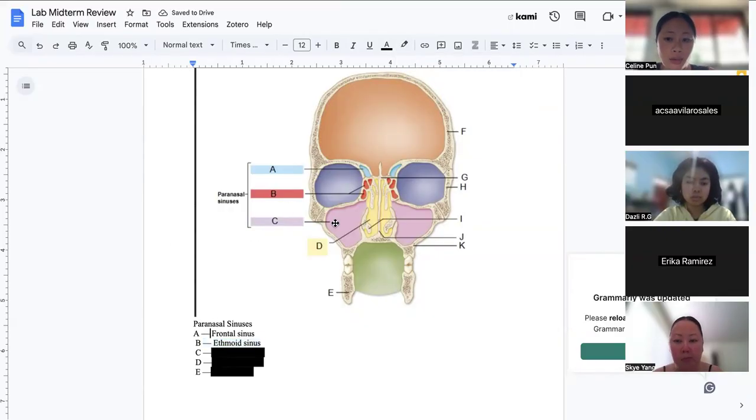And then C, what are the ones on your cheeks called? Another hint is the bone here is, yeah, it's called the maxilla. And so that sinus on your cheeks is called the maxillary. And then D, what is the one right in the middle?